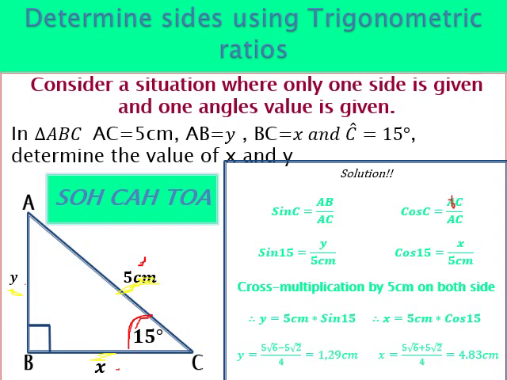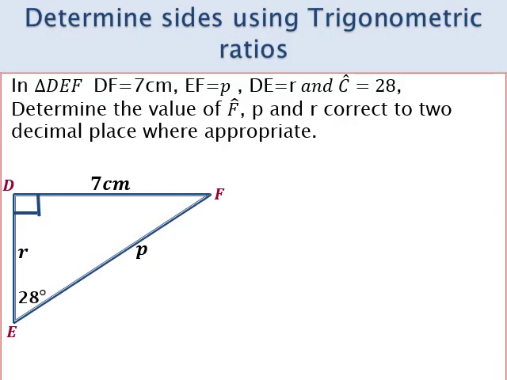Now I want you to realize, in this type of example, you can always verify your answers by taking those values and plugging them into the theorem of Pythagoras. If they give you that 5 centimeters, then that simply means that your values are correct.